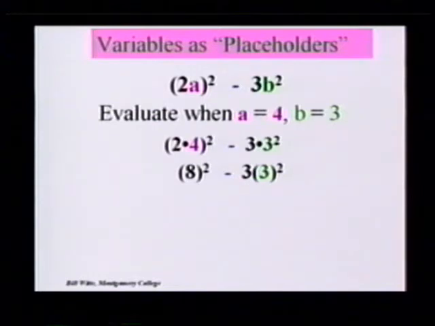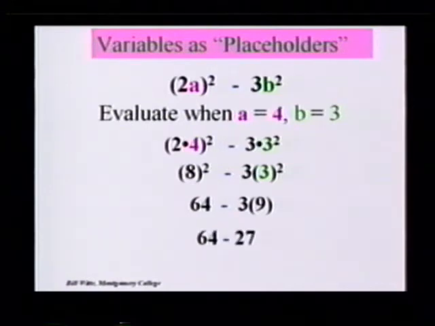So in this case, the 8 squared is going to be 64, and the 3 squared is going to be 9. Now, and only now, do we do the multiplication of the 3 and the 9, by following the order of operations. And I get 27. And lastly, in this case, we do the subtraction and get an answer.